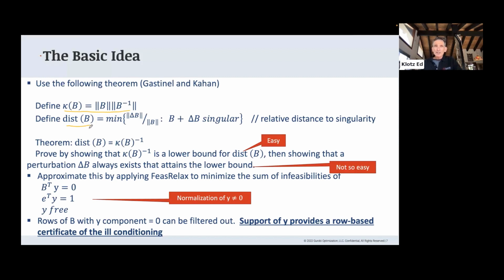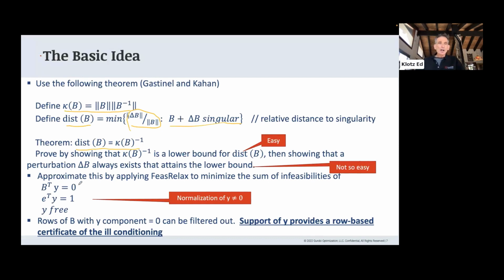So we say that the distance is the minimum relative perturbation to that non-singular matrix that makes it singular. So it's a relative distance to singularity. And there's a theorem that says that that distance has a reciprocal relationship to the condition number. And we can now use that.